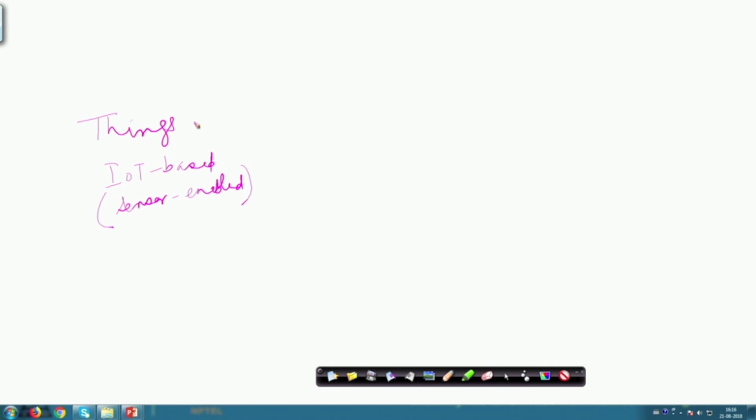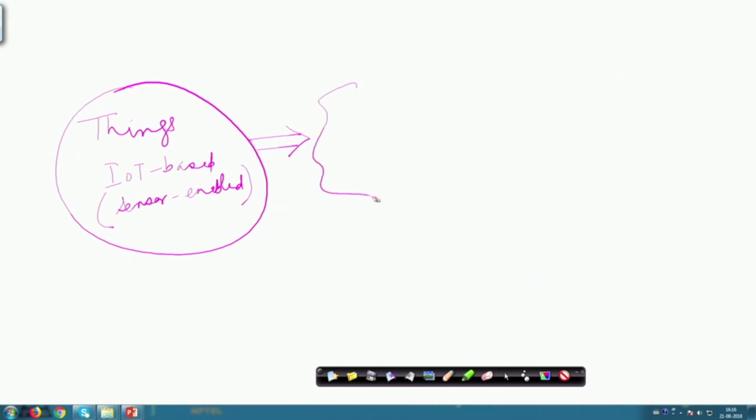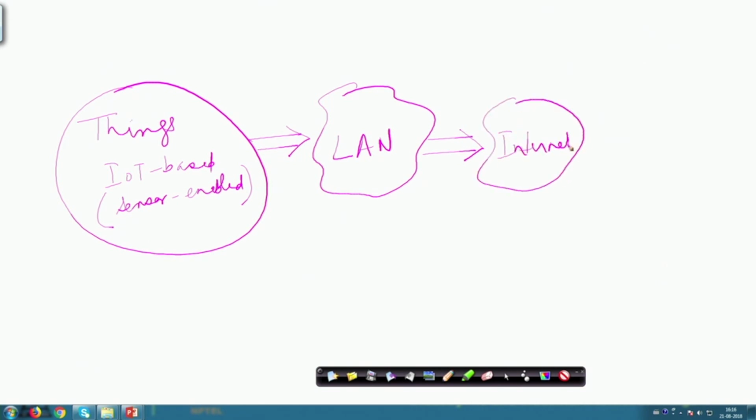These data that are collected from the things which are fitted with different sensors, these will then transmit that collected data through something like a local area network, then send that data further through the internet to the back end.